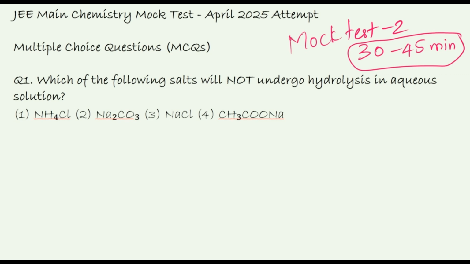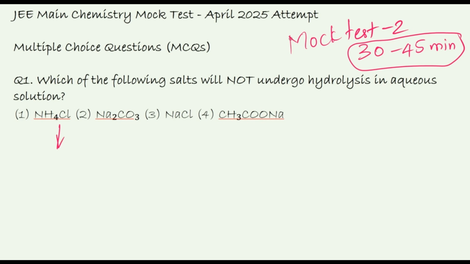This type of question is asked from ionic equilibrium, right? So hydrolysis occurs when either of the cation or anion of the salts reacts with water to produce an acidic or basic solution. Okay, cool. So let's start with NH4Cl.